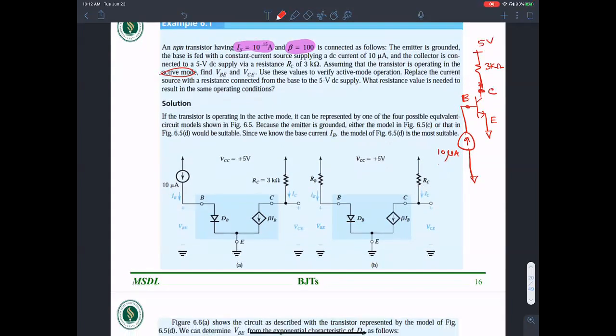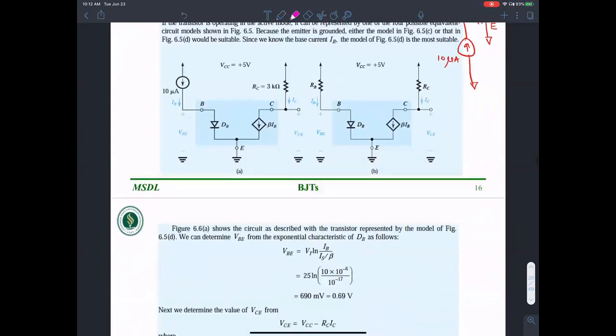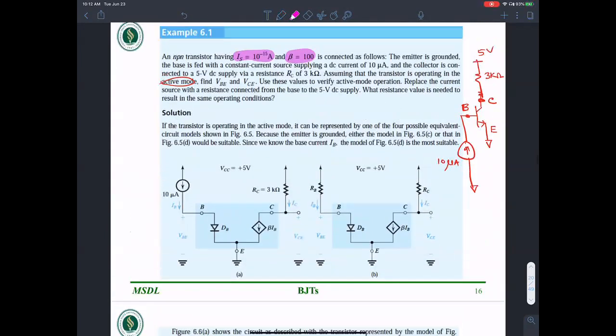Once we have the value of IS, what else is given? 10 microamperes is given. The 5 volts power supply is given. RC is 3 kilo ohms. Once we have that, we should be able to apply the pi model, the large signal model for BJT.